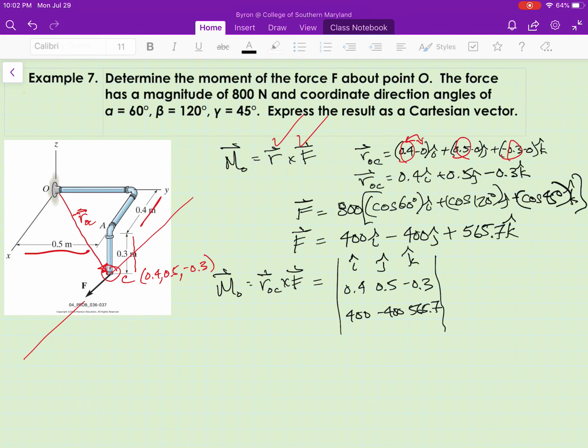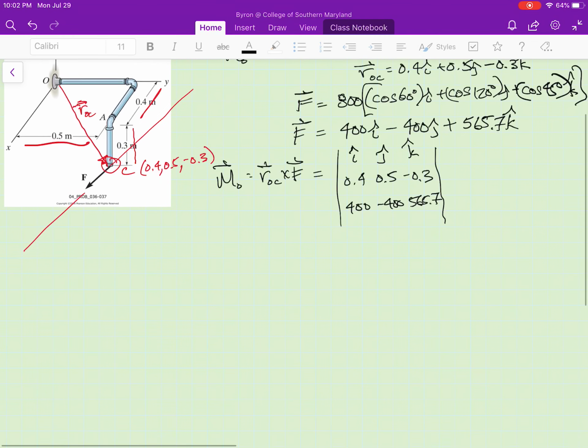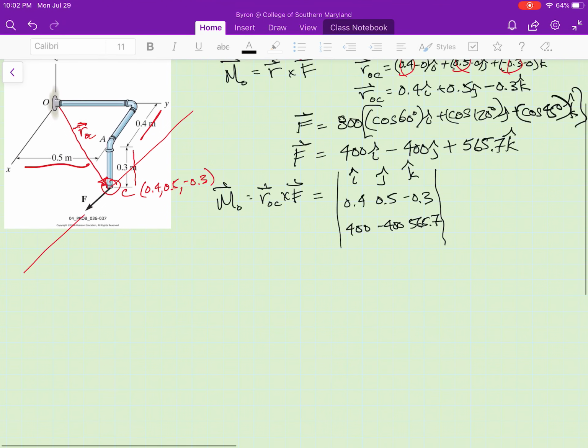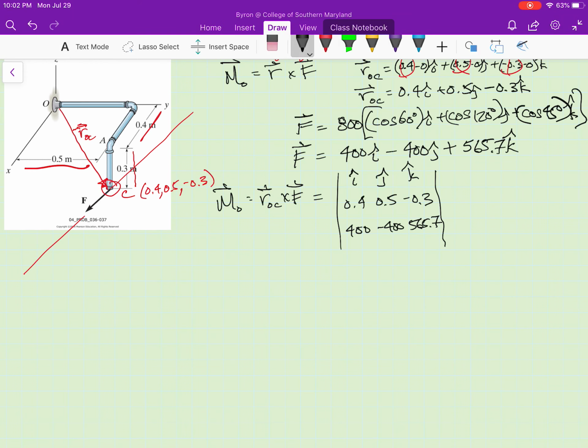Okay, let me move the screen up a little bit so I have room here. So now I'm going to expand that determinant. I'll just go ahead and write this over again.